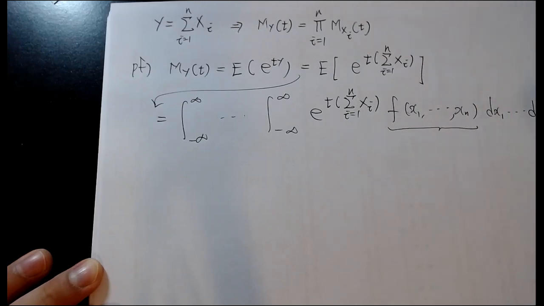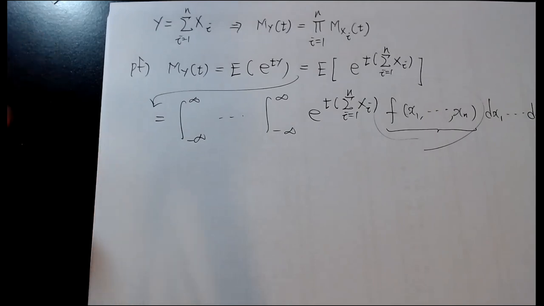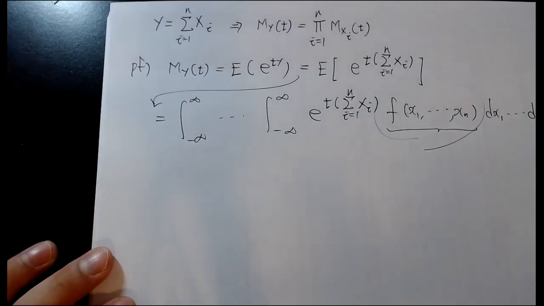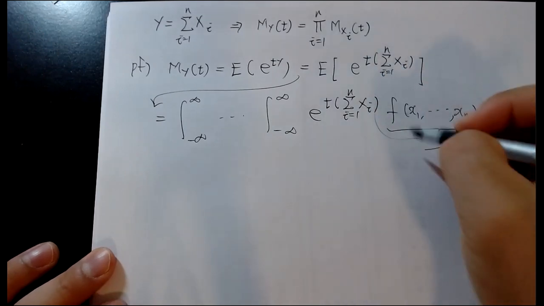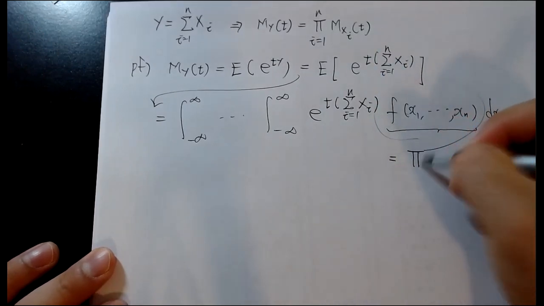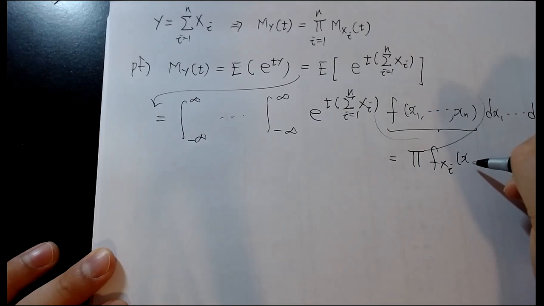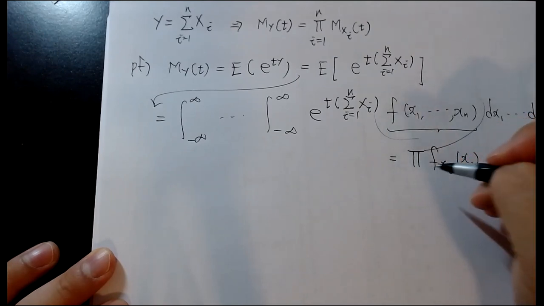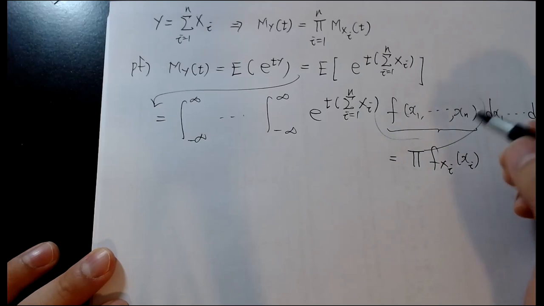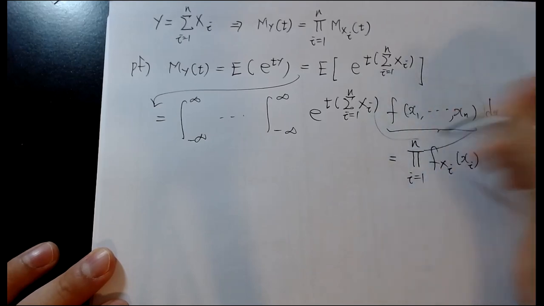So we need to figure out this one. Keep in mind that X1 through Xn are independent. Then we learned in 5.6, linear functions of random variables, that if X1 through Xn are independent, then the joint PDF is equal to the product of the PDF for each random variable Xi, i goes 1 through n.